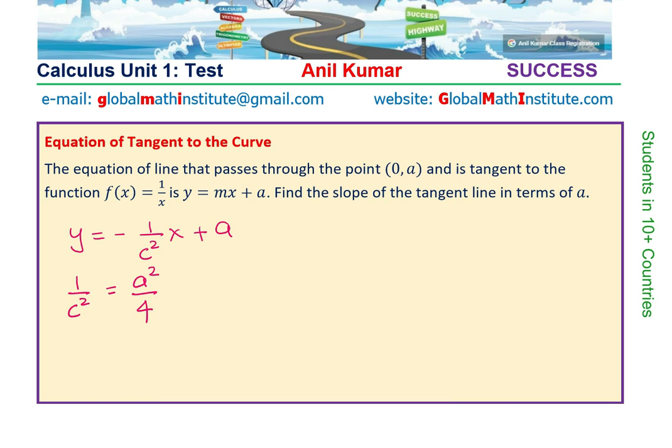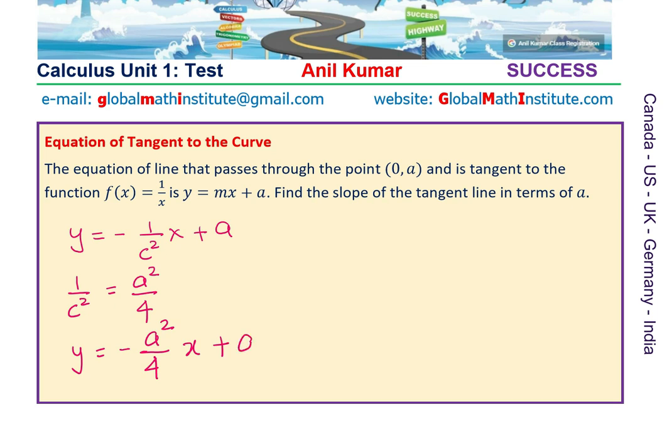Substituting this in our earlier equation, we can write y equals minus a squared over 4 times x plus a as the equation of the tangent line required in this particular case.